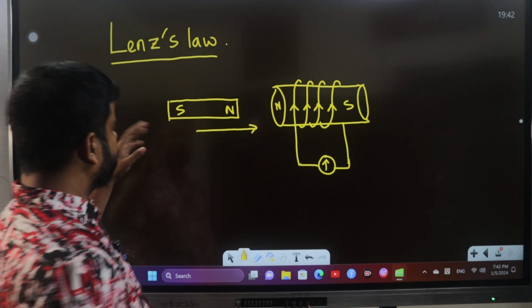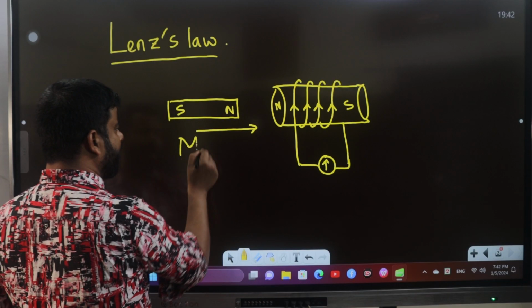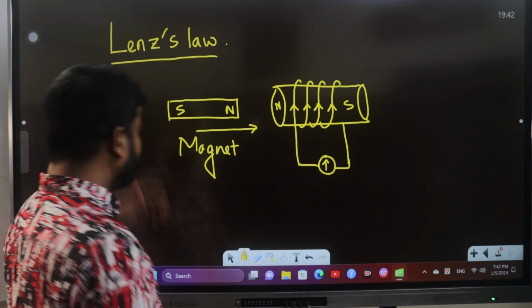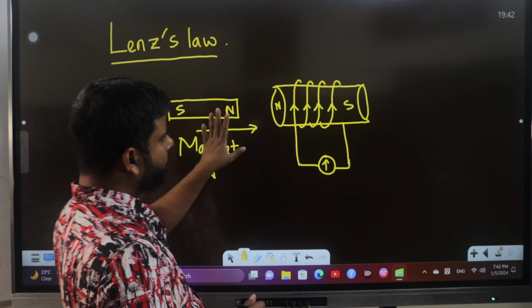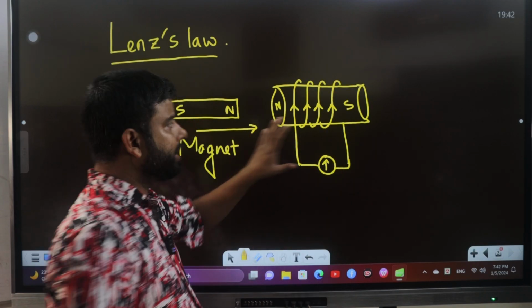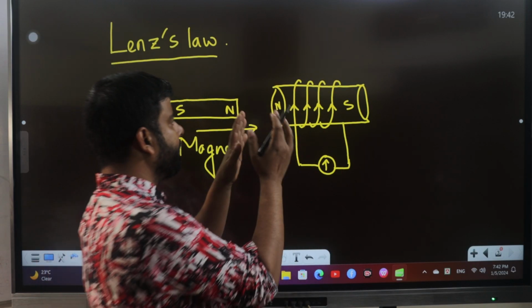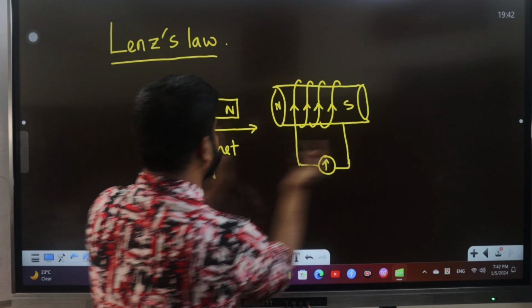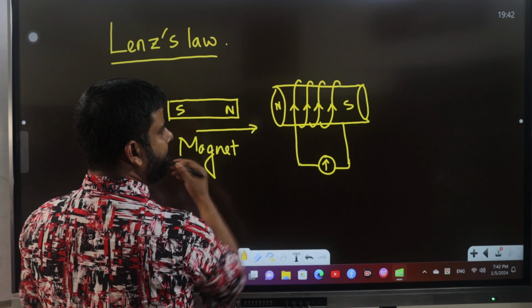So the induced current is produced due to movement of the north pole of the magnet into the coil, but inside the coil some induced current is produced in such a way that it opposes the cause. That means north poles repel each other.